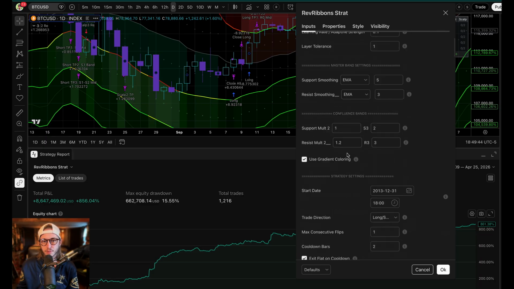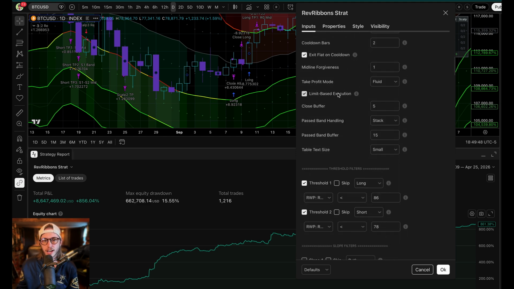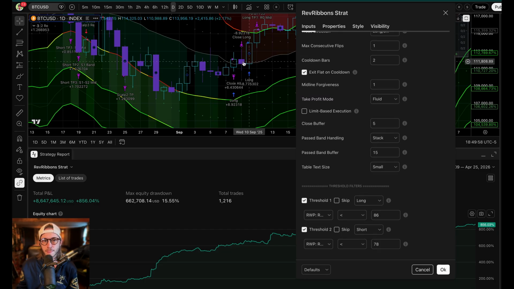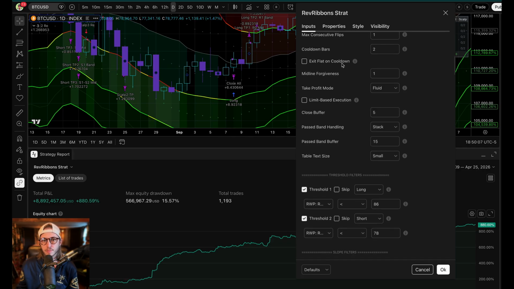It's really based on preference, but you just don't want to get liquidated, obviously. So I would actually recommend having exit flat on cooldown on. Much, much safer. Even if it does eat up a bit of profits here and there, it's definitely much safer. Or, hand trading and actually getting to know the price action a bit is also very helpful.